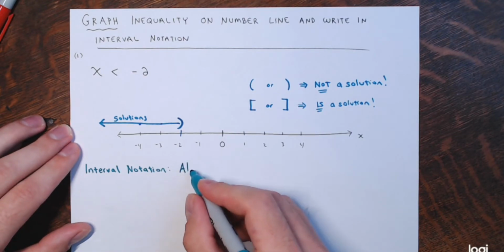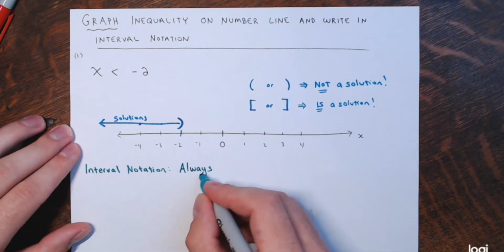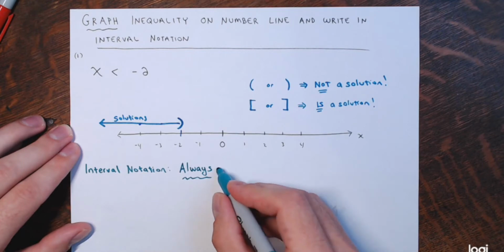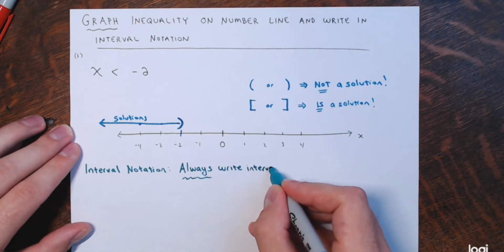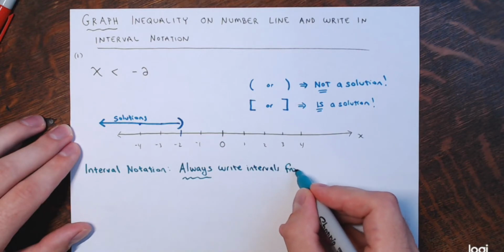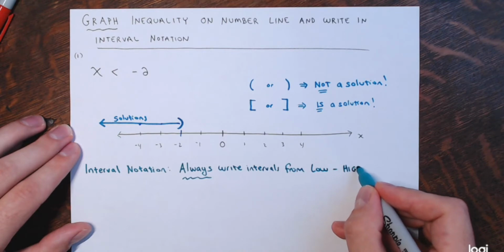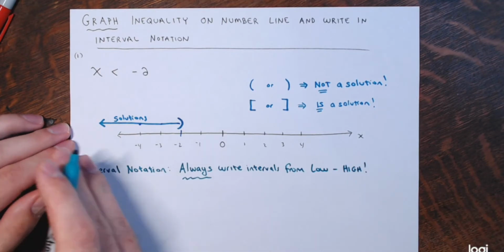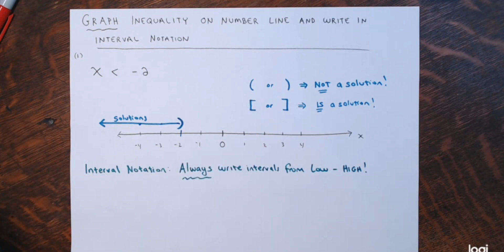Always write your intervals from low to high, left to right on the horizontal number line anyway.